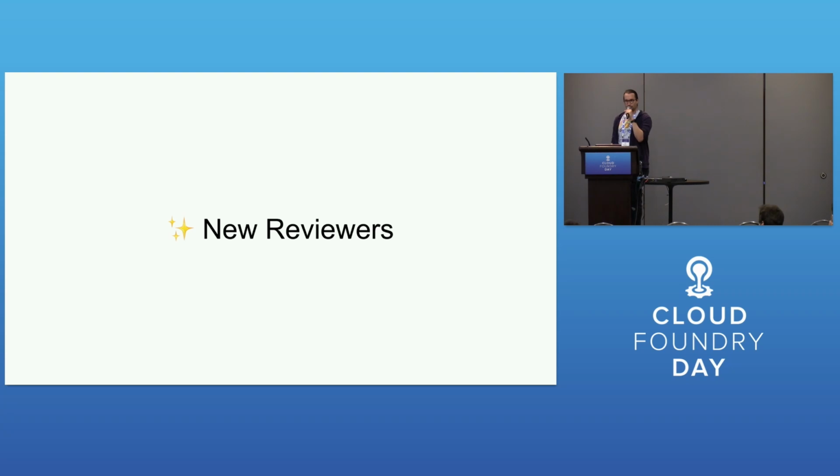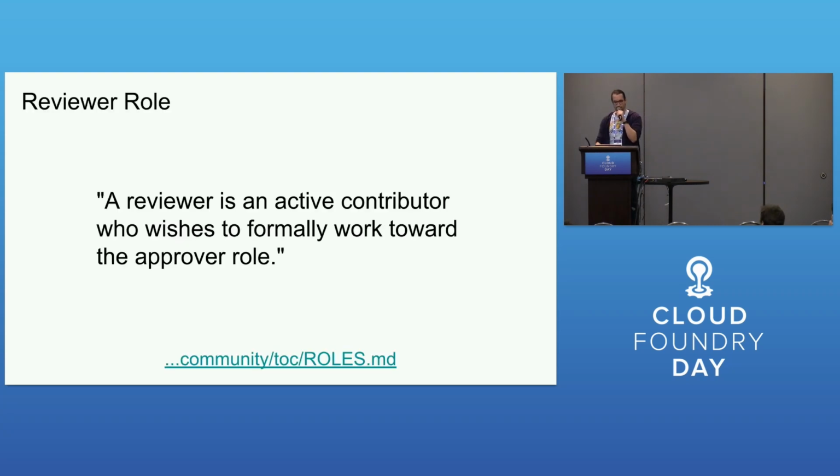I'll also do a brief overview of some of the new reviewers in the area. For those of you who aren't familiar, reviewer is a new role that was very recently added to CFF. As described in the roles markdown file, a reviewer is an active contributor who wishes to formally work towards the approver role. So this is a great opportunity for people who want to get involved with different CFF projects, but don't quite meet the criteria for approver yet.